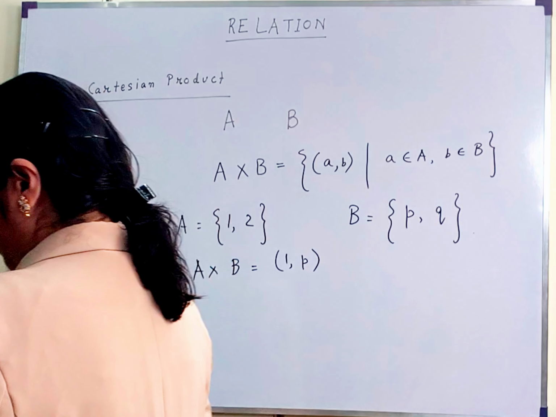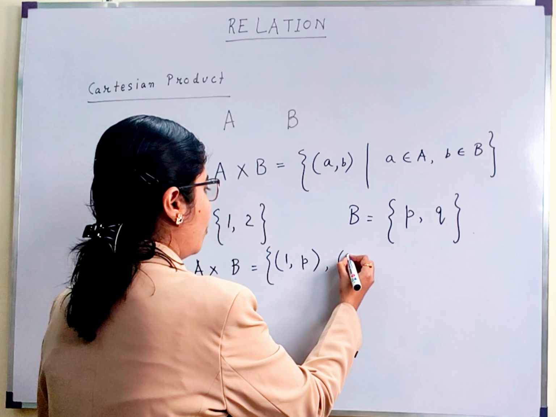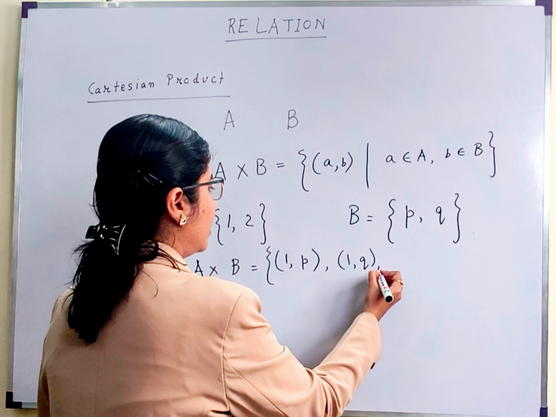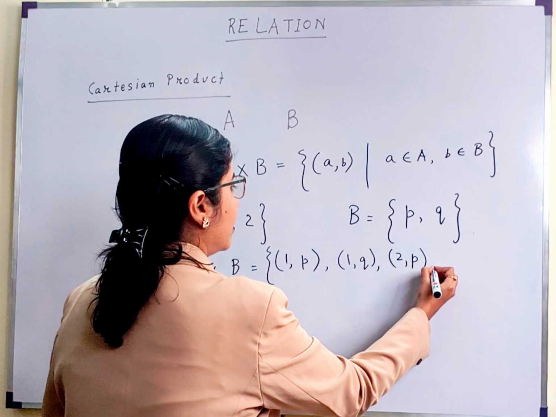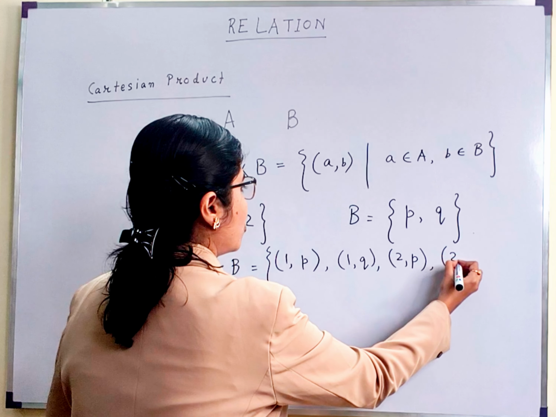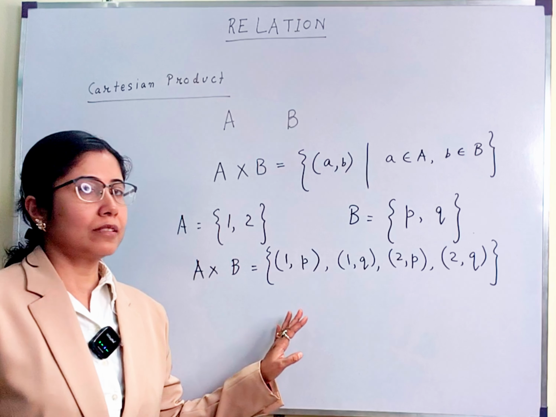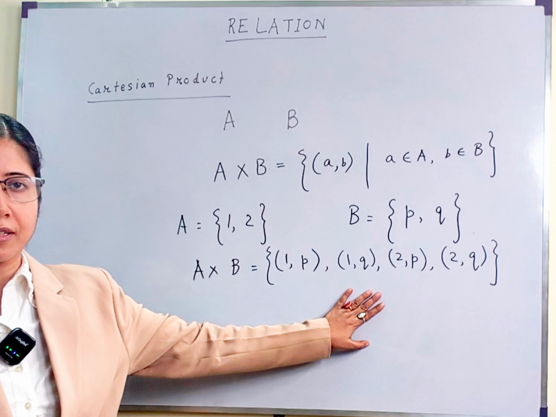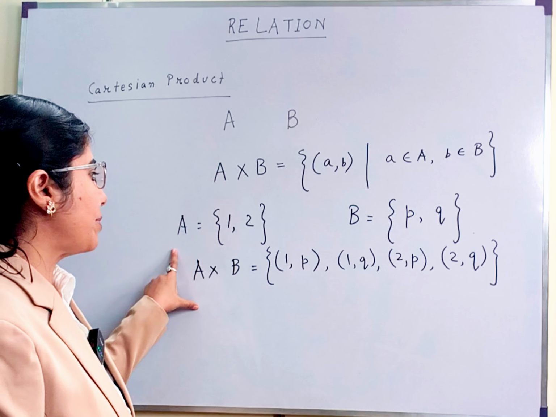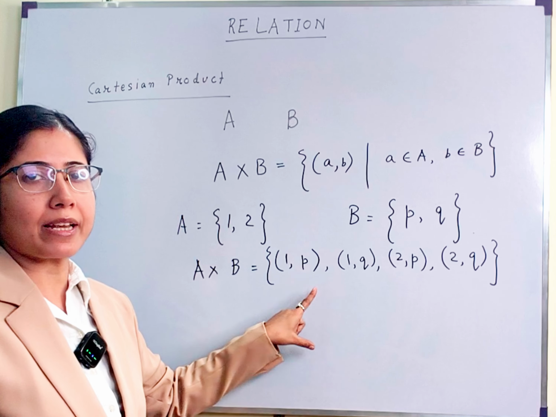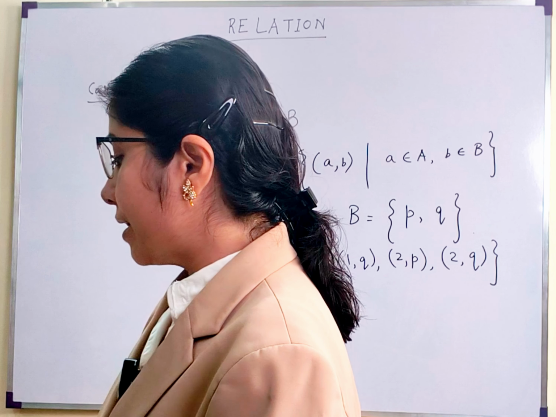The second one will be (1, Q). Next one will be (2, P), (2, Q). This is a set of Cartesian products. So here we can see the first element is coming from the set capital A and the second element is coming from the set capital B. So A cross B is a Cartesian product.